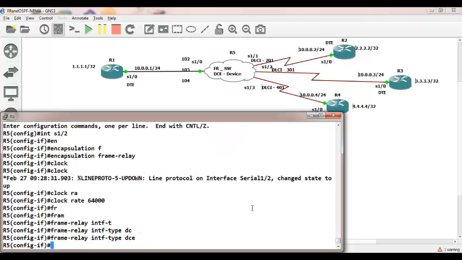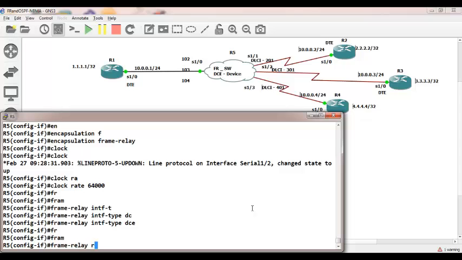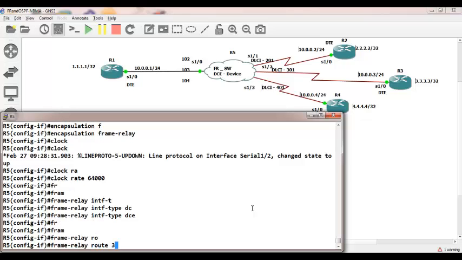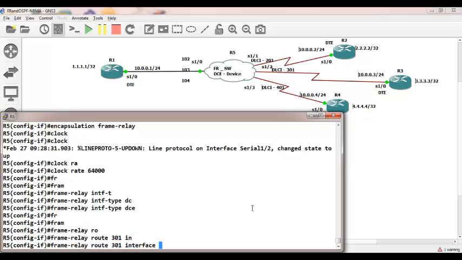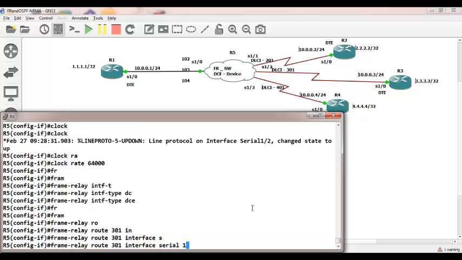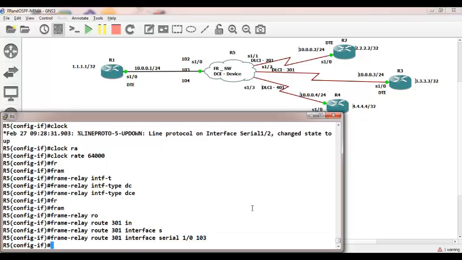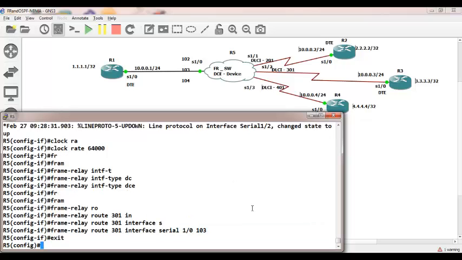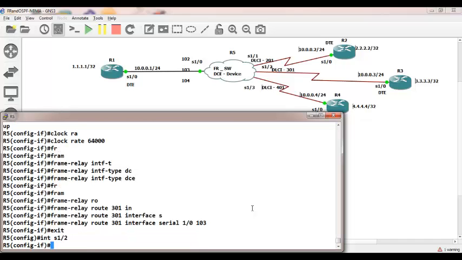Frame relay route 301. Exit interface is the same, serial 1/0, like the previous one, but the number is 103. Likewise, I think I didn't say no shutdown. We say no shutdown. Interface serial 1/3.